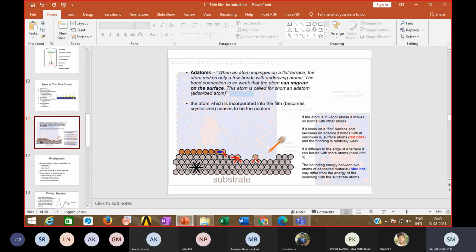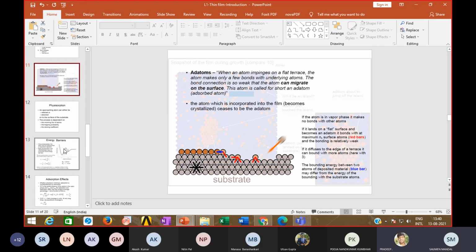From here, how much distance it travels, we call the total hop distance, because its movement is by hopping only. Whenever it sits, immediately it forms some bond with the bottom atom. Then again it will break the immediate bond and jump to the next.